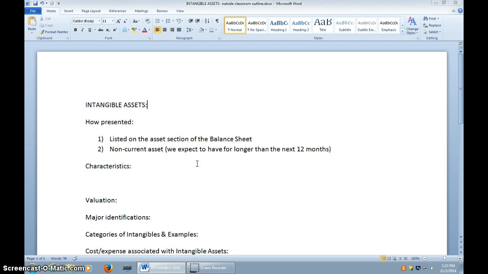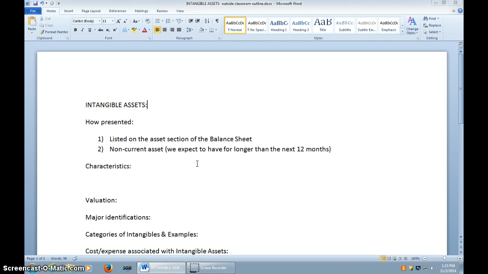And those assets that I just mentioned are referred to oftentimes as tangible assets. Tangible means you can touch them, you can see them, they have a physical presence. And sometimes they're referred to as property, plant, and equipment.